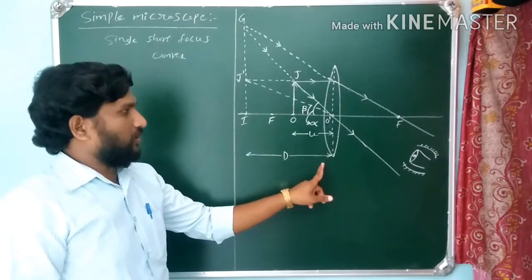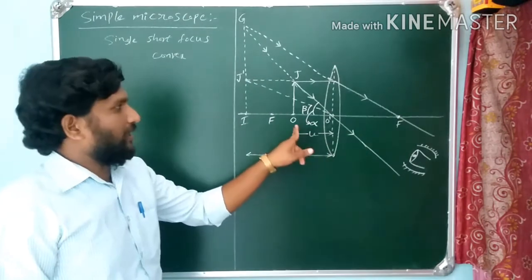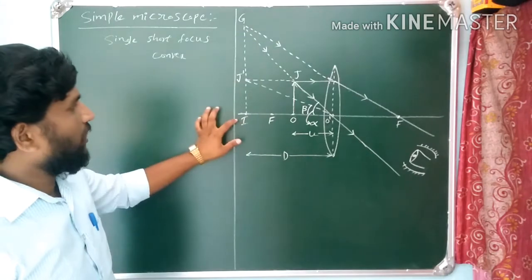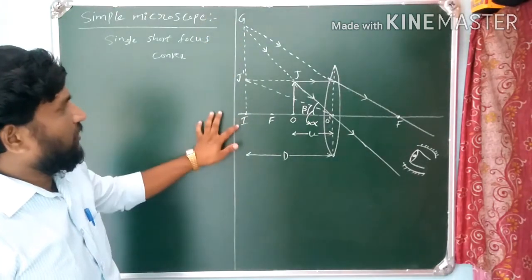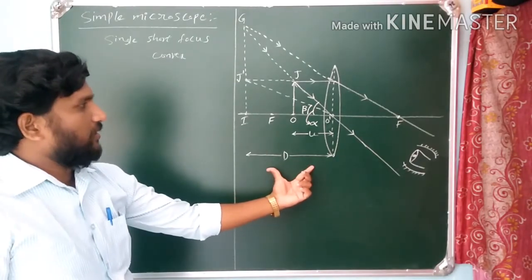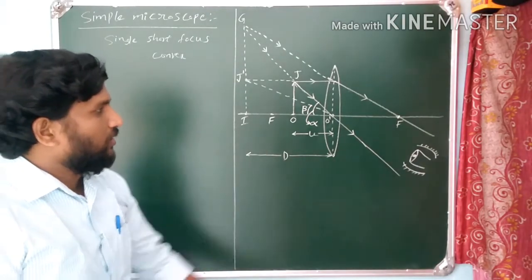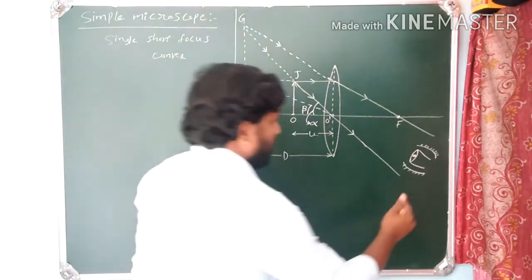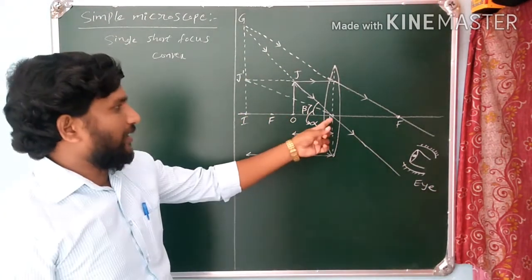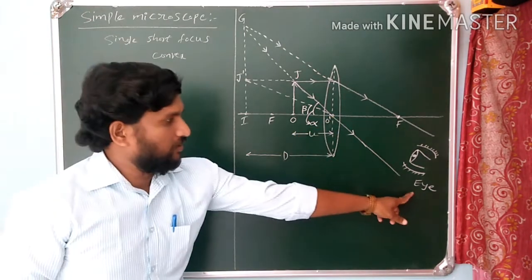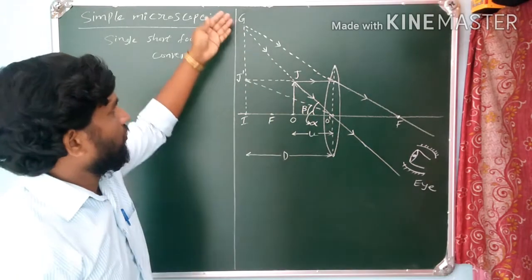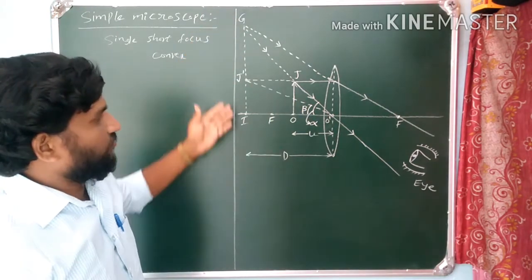In this simple microscope diagram, let OJ be the position of the object and IG be its image, and this image IG is formed at a near point. Imagine that this is the eye. The eye is focused at the optic center O dash in order to get the image IG.